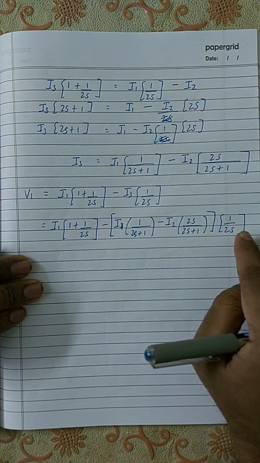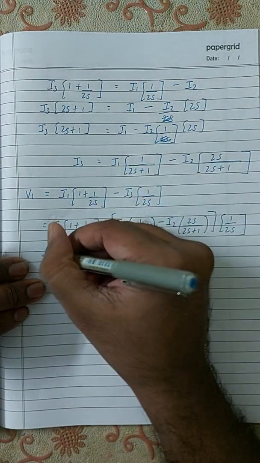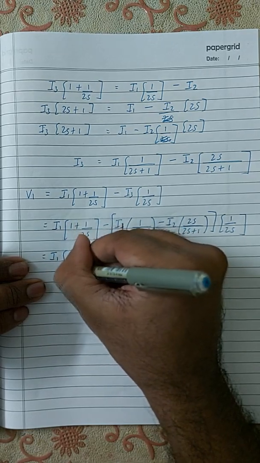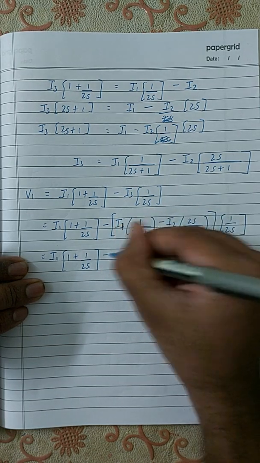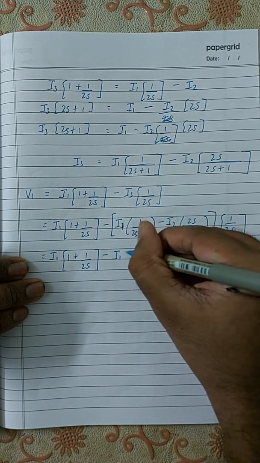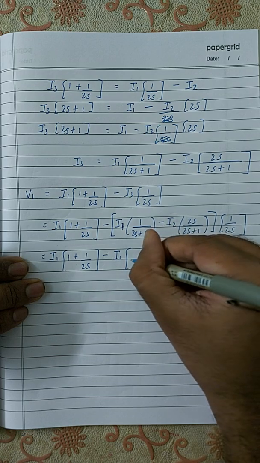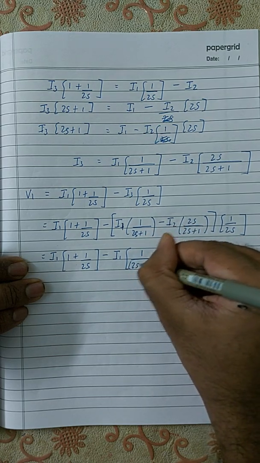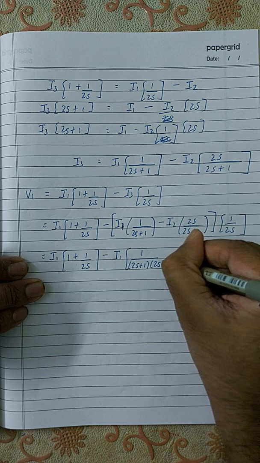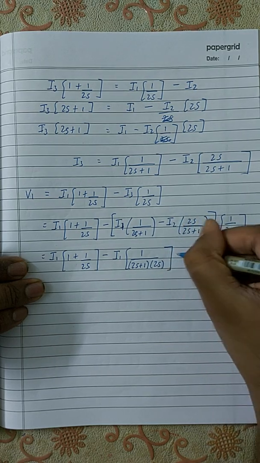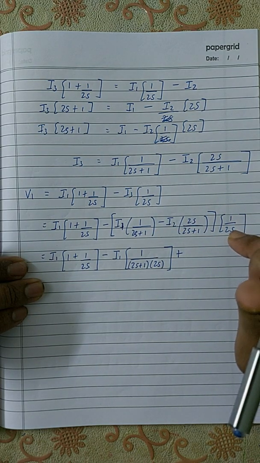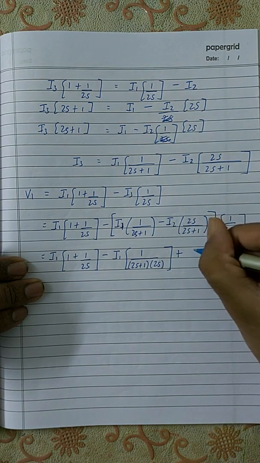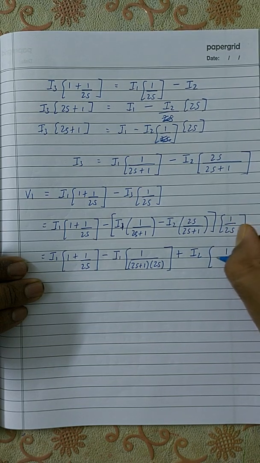Now I'll multiply 1 by 2s in both the parameters, so I will get I1 into 1 plus 1 by 2s minus I1 into 1 by 2s plus 1 into 2s, plus, because minus of minus is plus, and this into 2s is 2s and 2s will cancel, so you will have I2 into 1 by 2s plus 1.